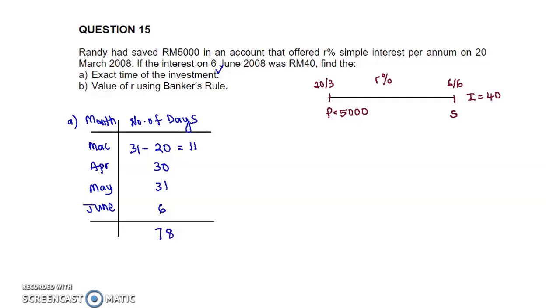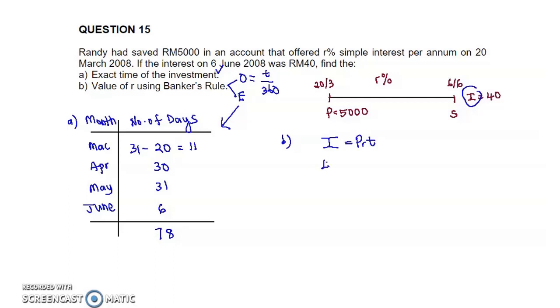Okay, B, find value of R using Banker's rule. So again, Banker's rule, O, E. E exact time, O here, T divided by 360. So now we have info about I. Okay, so we can use formula I equals to PRT.